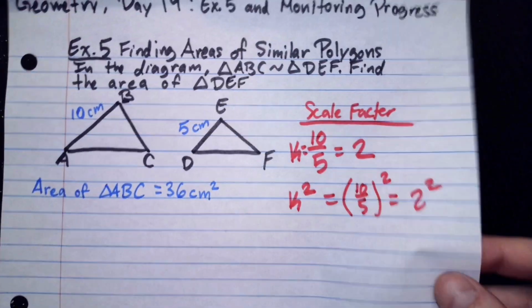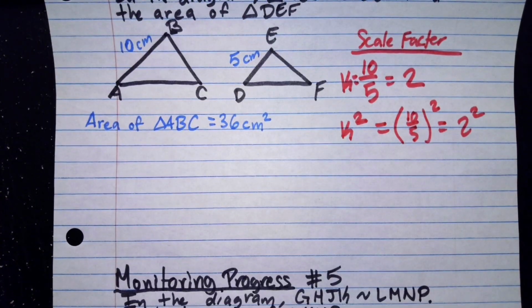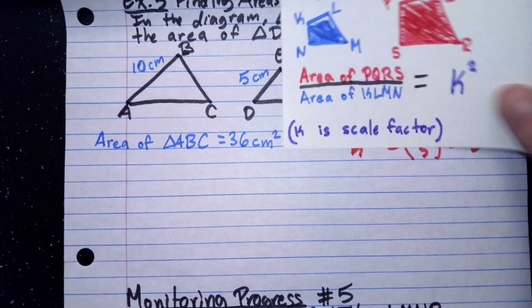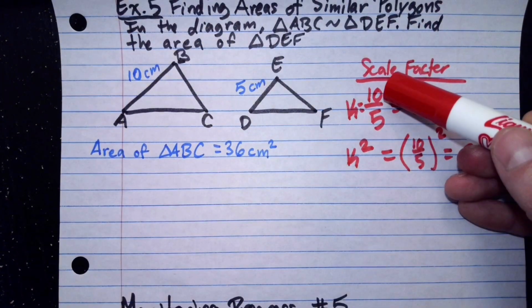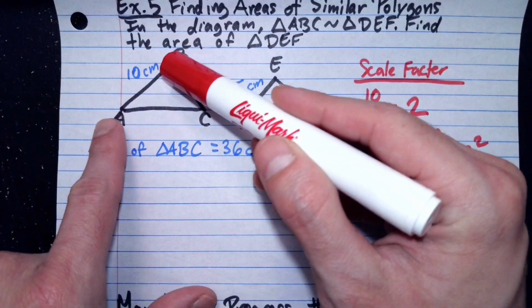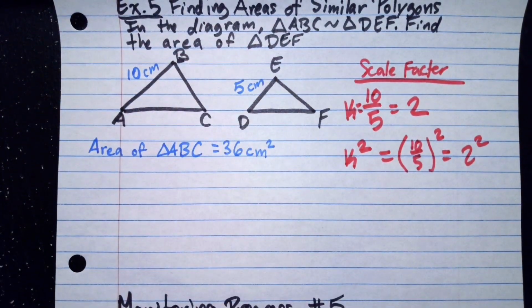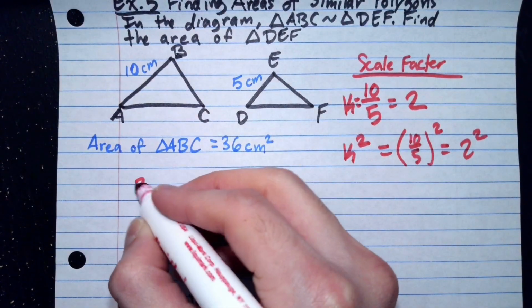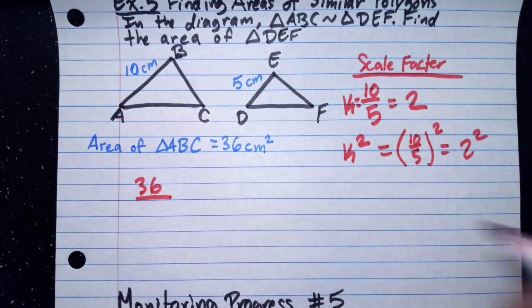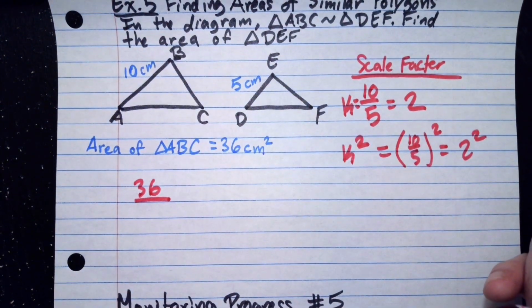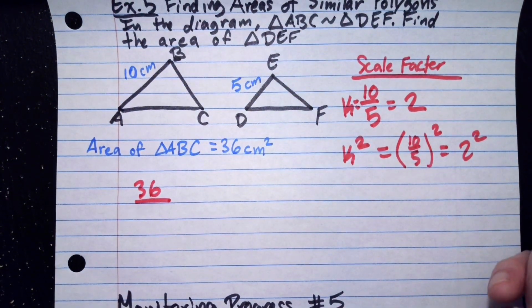Okay, so according to my theorem, we know that the area of, let's see, we put the big figure on top, so this figure right here. The area of the big figure is 36. 36 divided by the area of the small figure, which we don't know yet. Because we don't know yet, we have to give it a variable name.